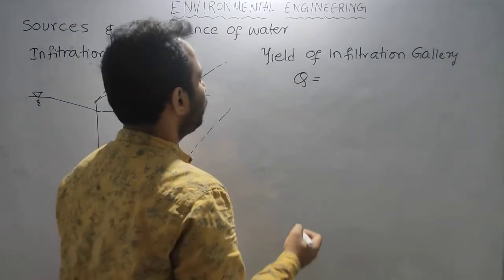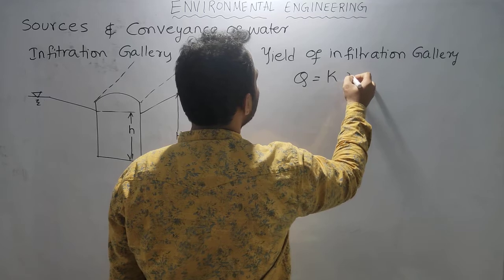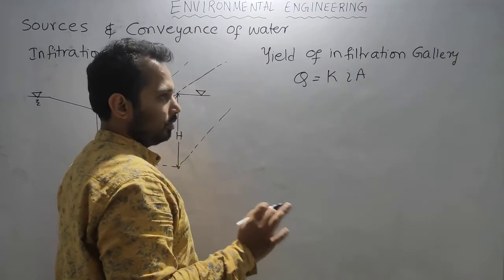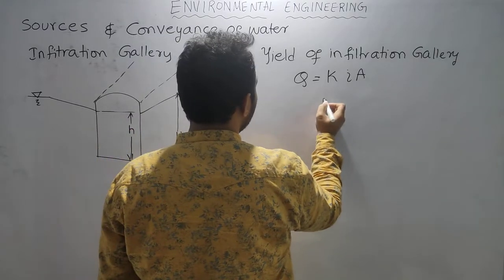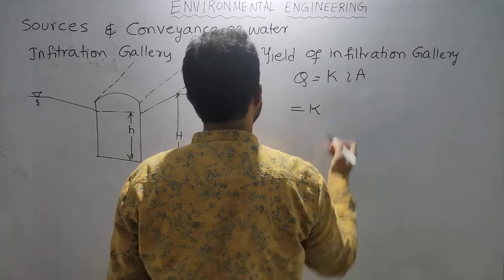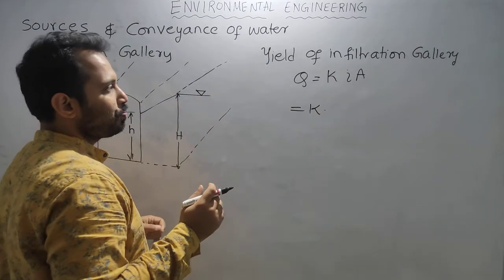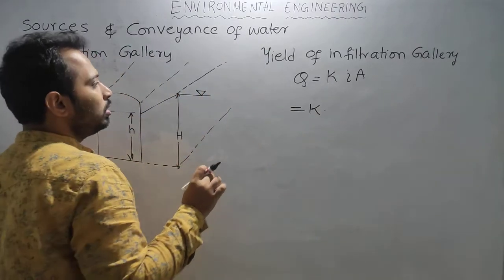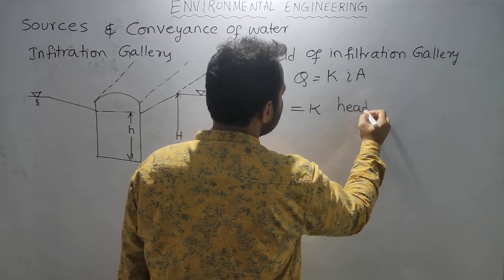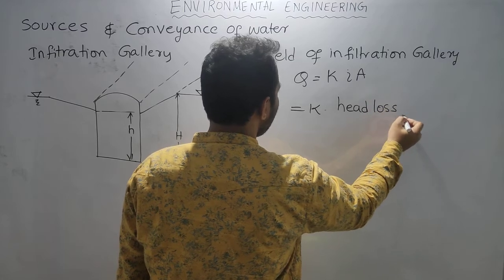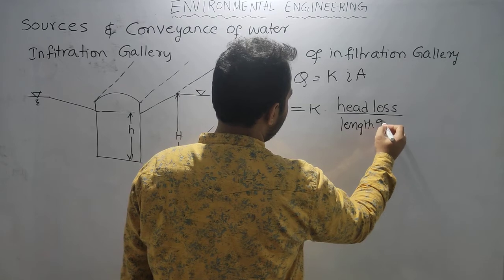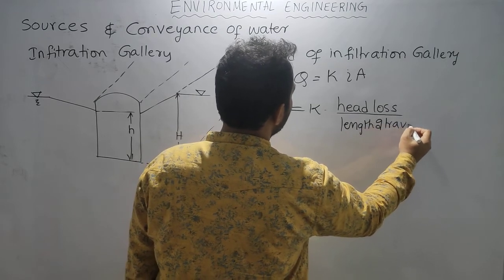So Q is equal to KIA, simply. So what is K? Permeability of the soil. Okay, permeability of the soil is K. What is I? I is the hydraulic gradient. Hydraulic gradient is nothing but head loss by length of travel, right? And this is the area.